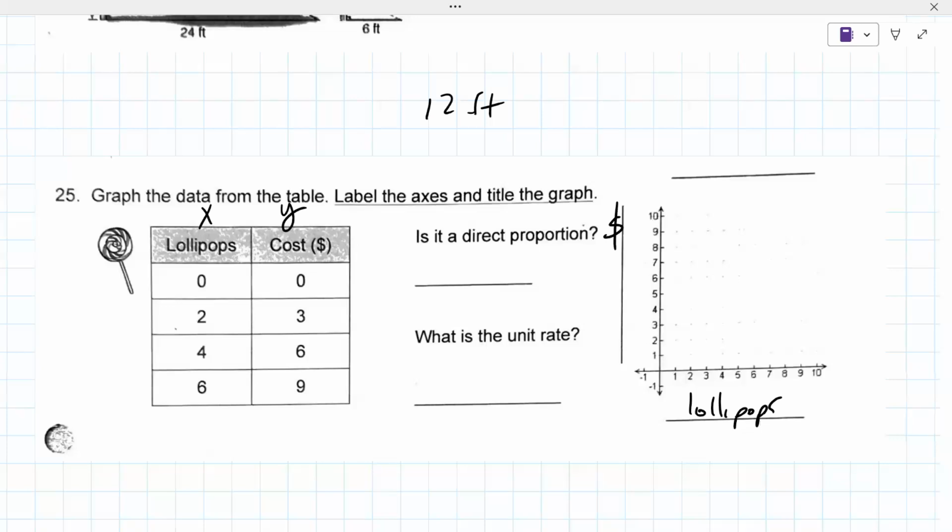All right. Let's see. So 0, 0, right here. So we can go 2 to 3.